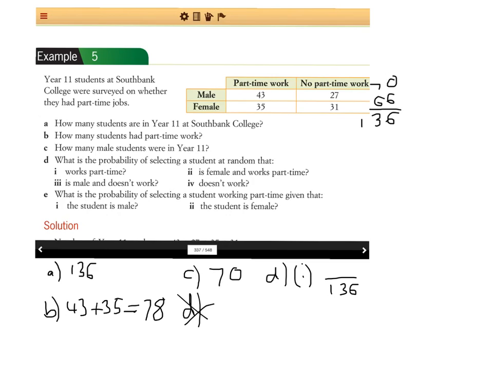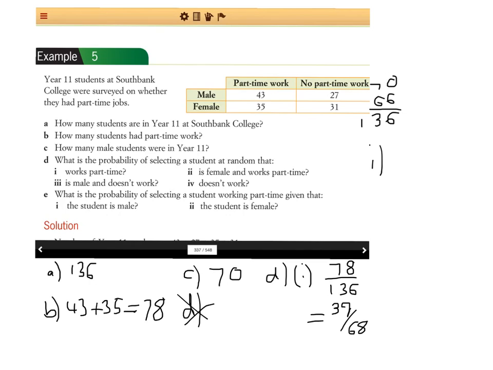We know that 78 students work part-time. So that's the unsimplified probability of someone who works part-time. Of course, we know a bit better. We can pick up our calculators and get the answer by typing in 78 over 136. And the simplified answer is 39 out of 68.